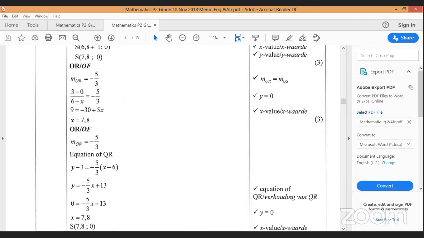Then you substitute it into your gradient formula so that you can get the value of X, and the value of X is 7.8. Why are we saying the gradient of QR is negative 5/3?